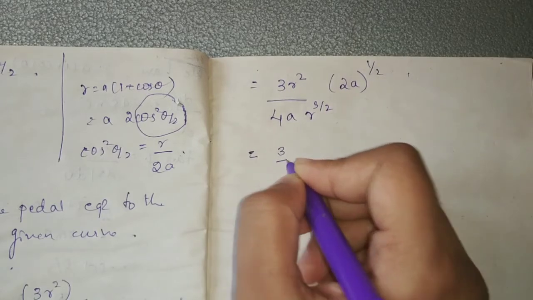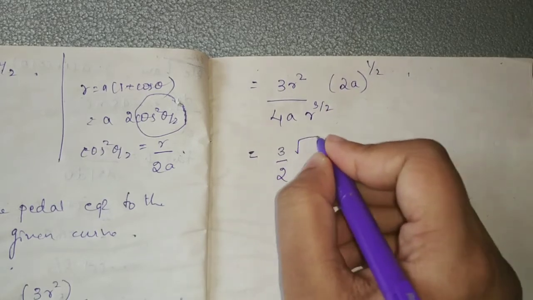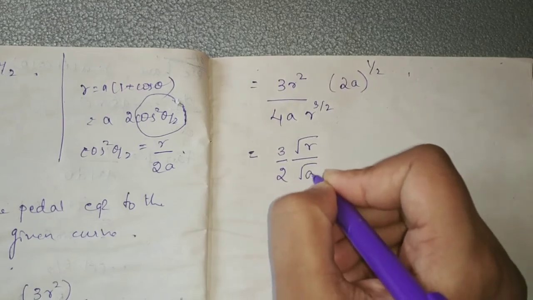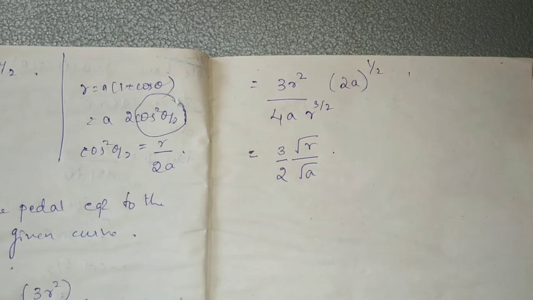So we get 3 by 2 square root of r divided by square root of a. Am I correct?